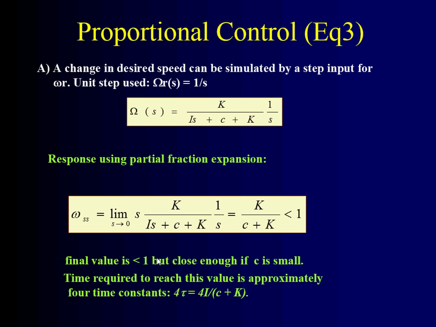So in the case of proportional control, a change of the speed, for example, can be simulated by a step input for the angular velocity if it's rotating. So this would be the input here.